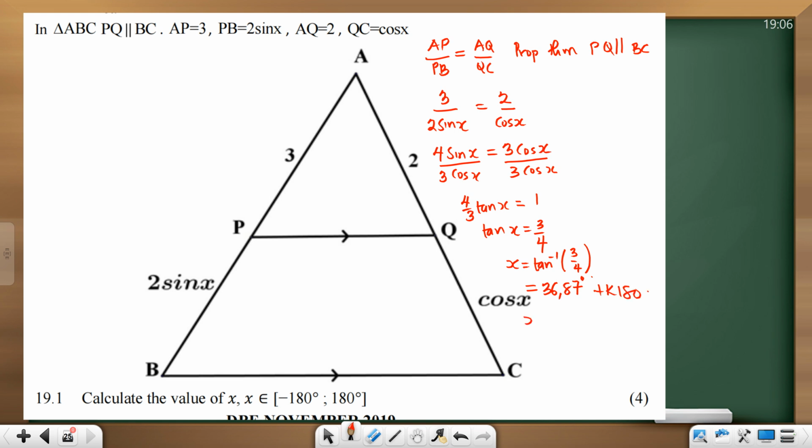Negative 143.13. That should be part of my answer though, because they said between negative 180 and 180. Okay. Guys, talk to me.